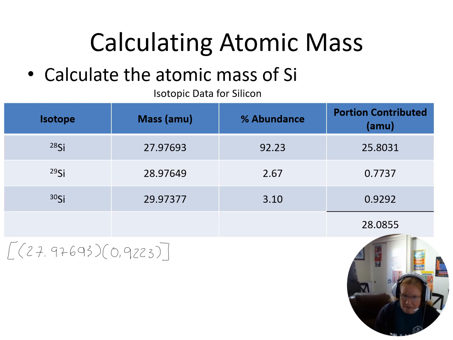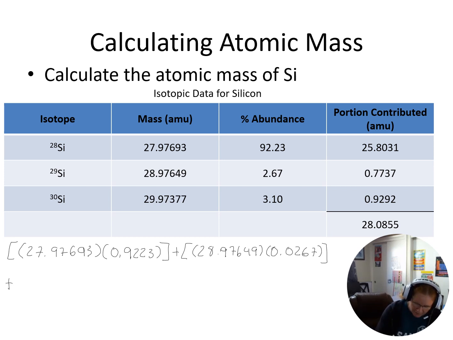Then I bracket that off and add to that my next one, 28.97649. And then 2.67 divided by 100 gives me 0.0267. So there's my decimal form.